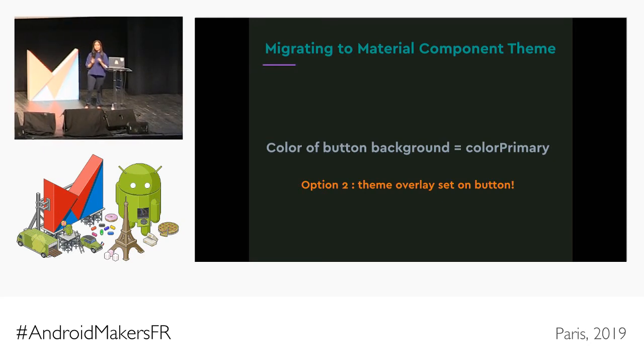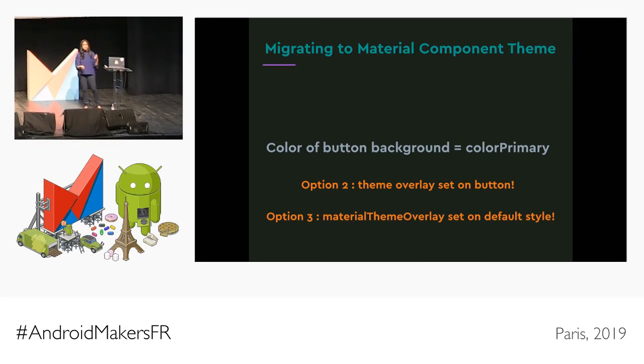What if you wanted all of the buttons in your app to have this non-primary color? Then you have another option called the materialThemeOverlay attribute that you can set on a default style. And this is a new attribute that was introduced with material theming because of a deficiency in the Android styling system, because currently you can't set android:theme in a default style.